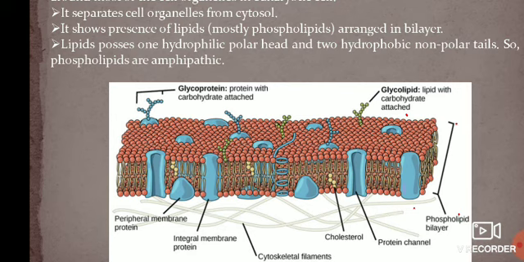So this is how the fluid mosaic model makes the protein channels which help in the entry and exit of the solutes, that is the molecules or the ions which are present outside the cell and supposed to enter inside the cell, or the ones present inside the cell which can go out of the cell.